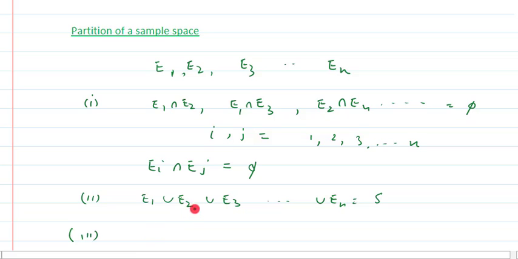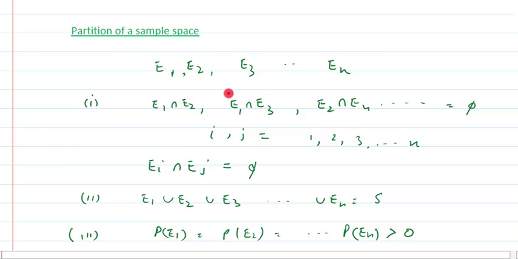the probability of these events is non-zero, or you can say P(E1), P(E2), P(E3) up to P(En) are non-zero, or you can say greater than 0, and you know very well it should be less than or equal to 1, but it should not be 0.